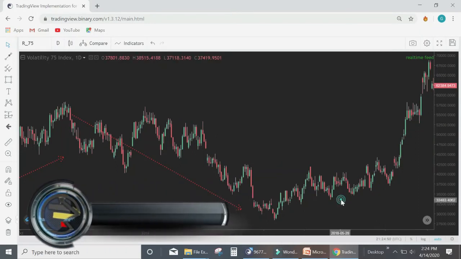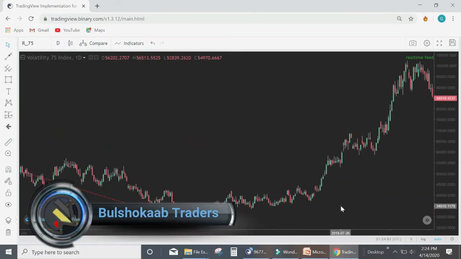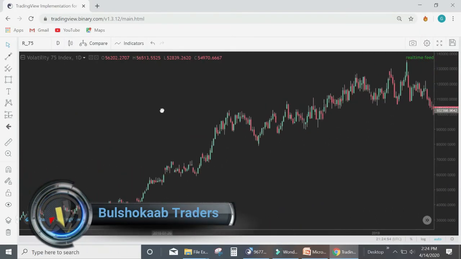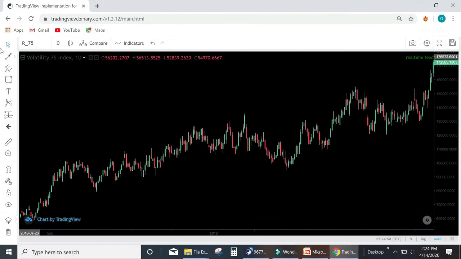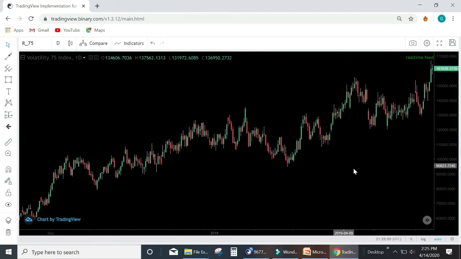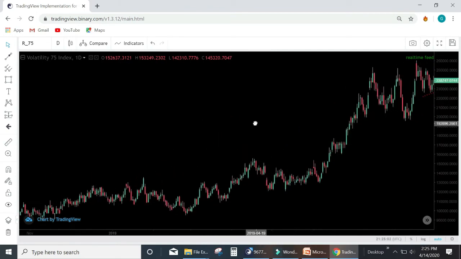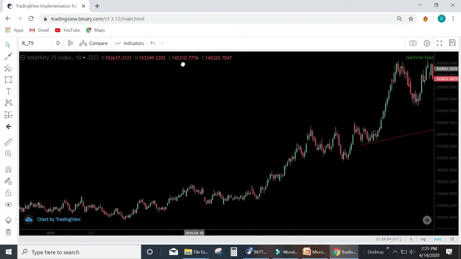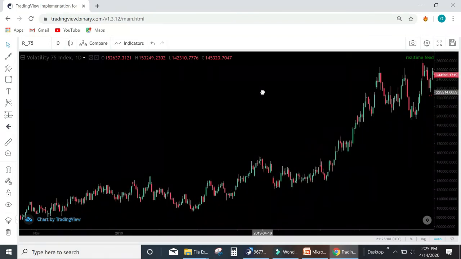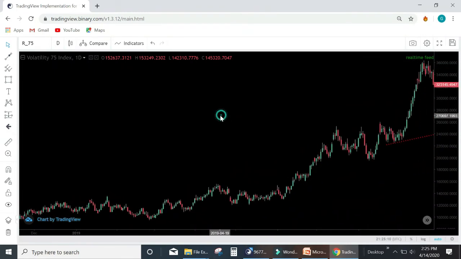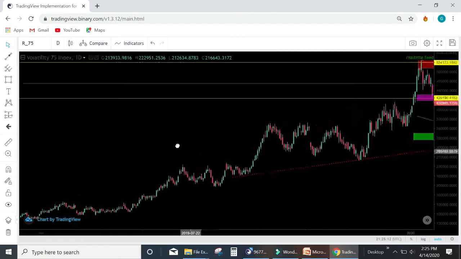So now, there was a time the market was ranging, and you see the market is still going up, up, up, and now it is going up, down, up, up, up. So let us find how the market has a ranging.